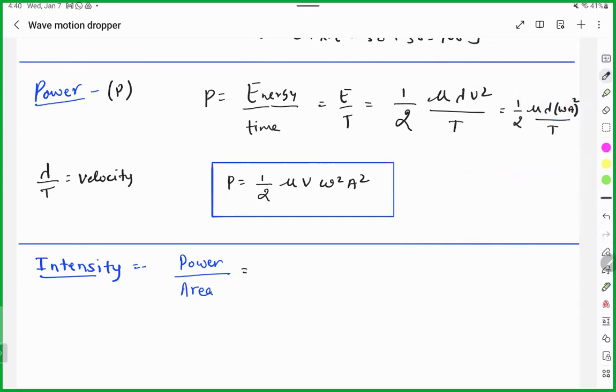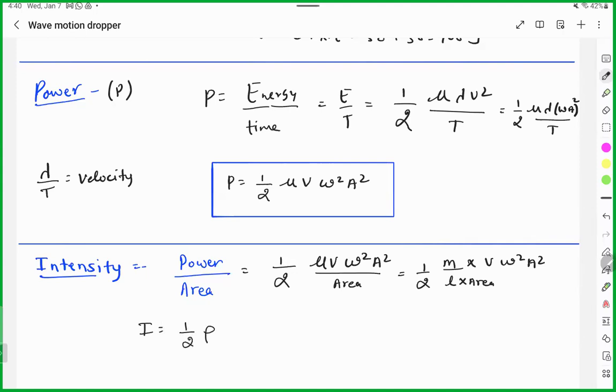You know power is equal to 1 by 2 nu velocity omega square A square by area. You know 1 by 2 nu value is mass per unit length into area into V omega square A square. Pratigya, what is mass by length by area? Area into length, volume, density. Density, velocity, omega square A square. Tell me any doubt.